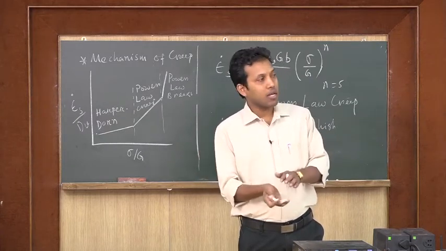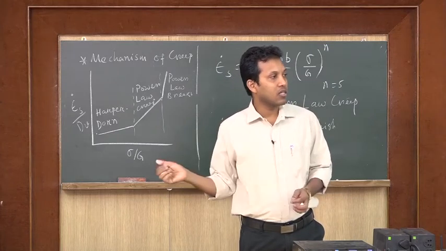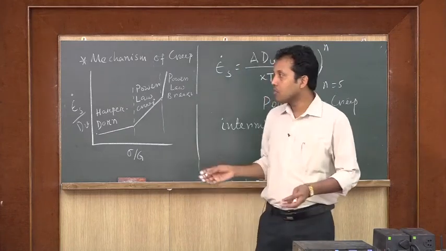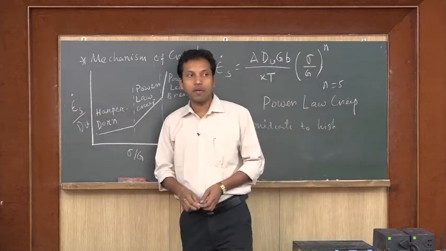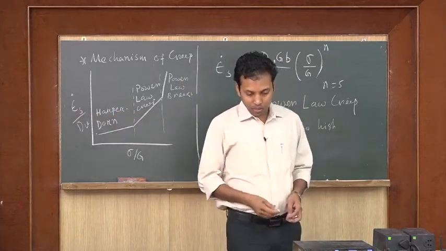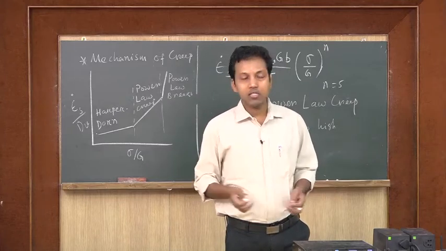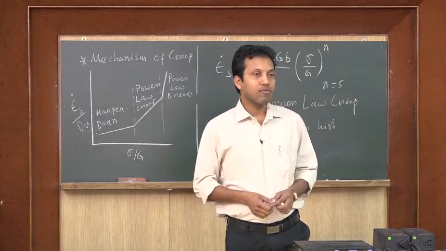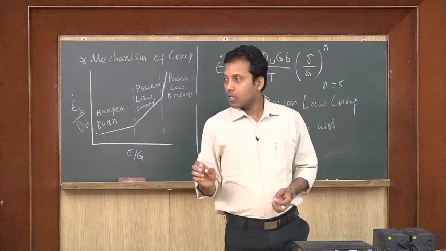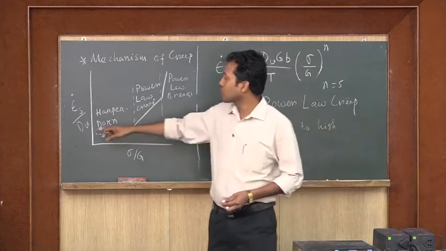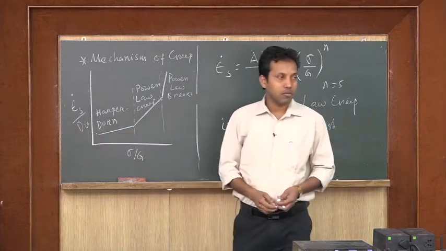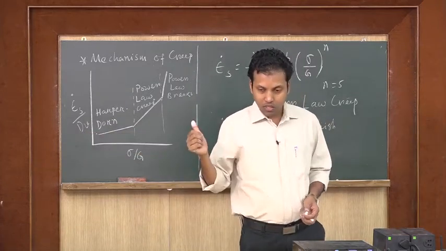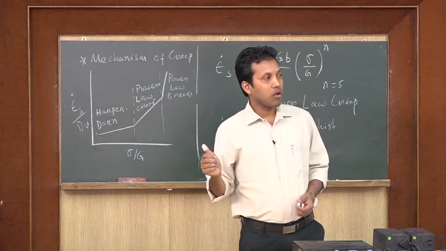So, if we normalize by some constant like G, I will have a similar x axis. Similarly, the creep rate for different materials may vary, so I have to compare the creep rates of materials in terms of their atomic diffusivity, etc. So, this is a normalized curve.